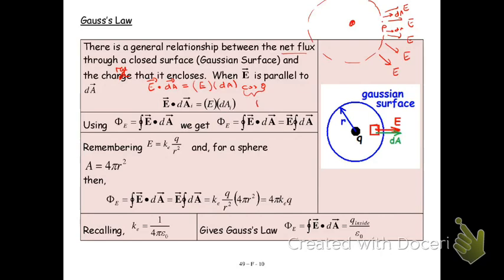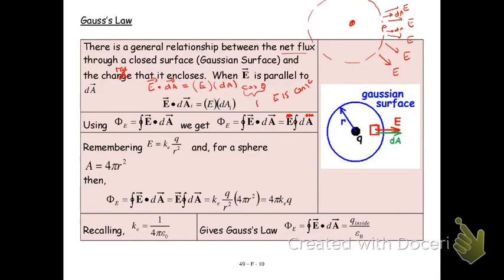So that's kind of nice, because E dot dA becomes E times dA. So I say my flux, which equals the surface integral of E dot dA, is going to equal the integral of E times dA. And there's a second little bit, which is that E is constant.